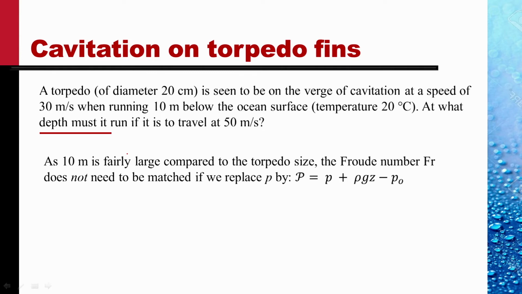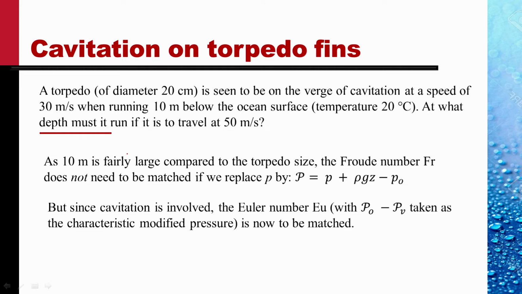As 10 meters is fairly large compared to the torpedo size of 20 centimeters, the Froude number does not need to be matched. We can ignore the free surface of the water. And we can replace the pressure by the non-gravitational pressure given by script P as P plus rho g z minus P naught.